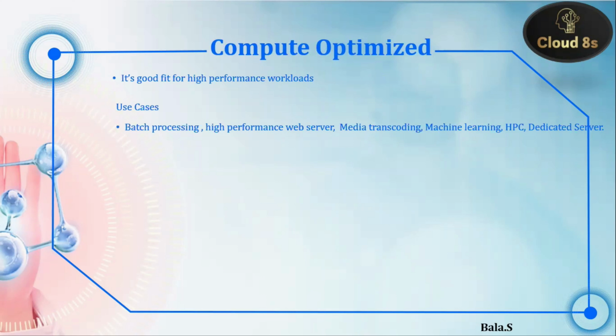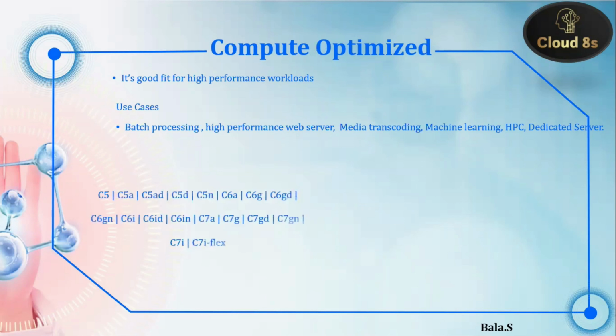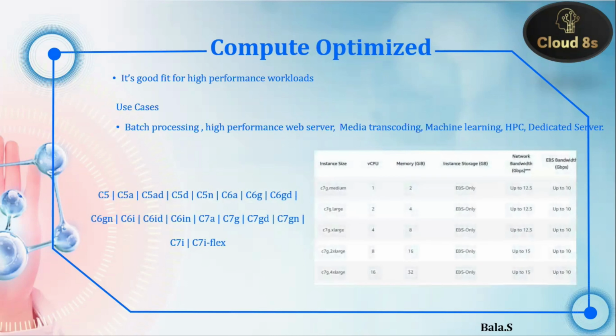If you require high performance hardware, you can go with compute optimized. These are all the sizes, and each family provides different sizes like medium, large, X large. Each size gets different network bandwidth and EBS.